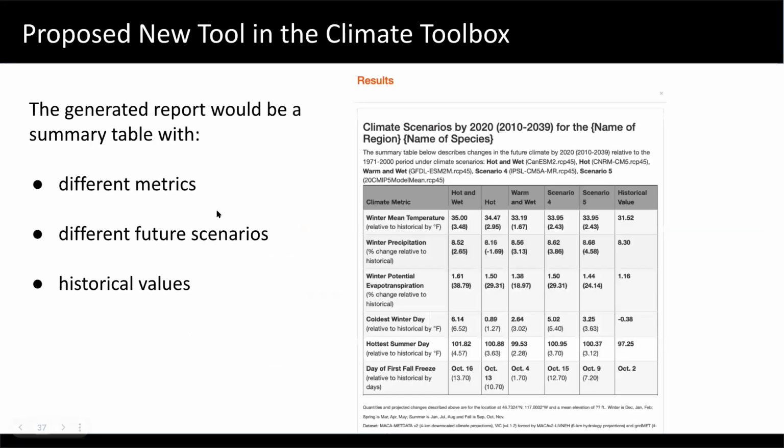The tool is then going to generate a report that's hopefully very similar to the report they have been using for the last couple of years. This is again just a sneak peek at what it looks like right now. We're trying to replicate that report as much as possible. It has the different scenarios, hot and wet, the historical value, and all of the metrics that have been selected.